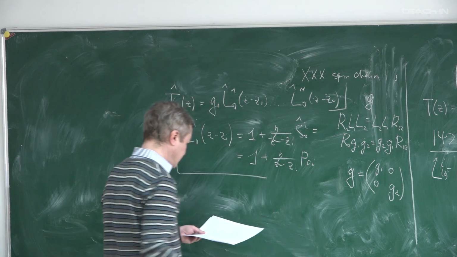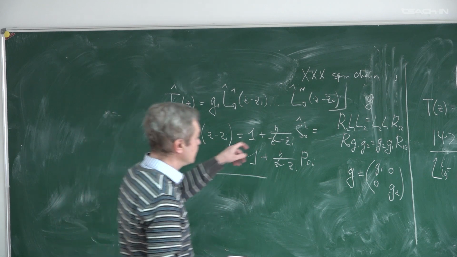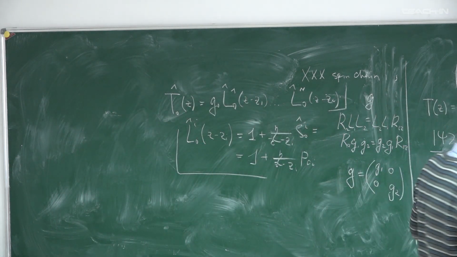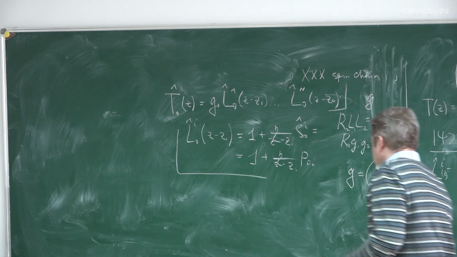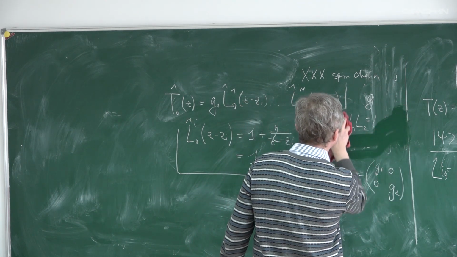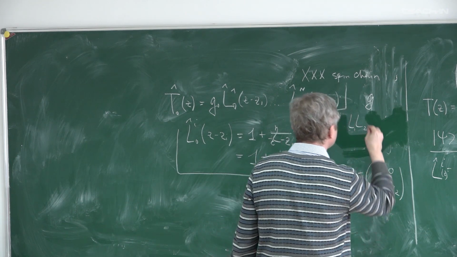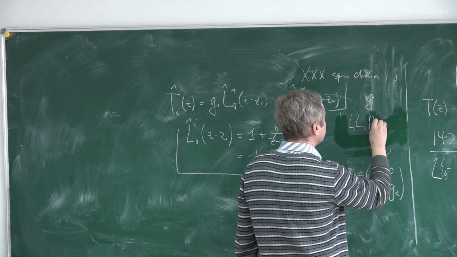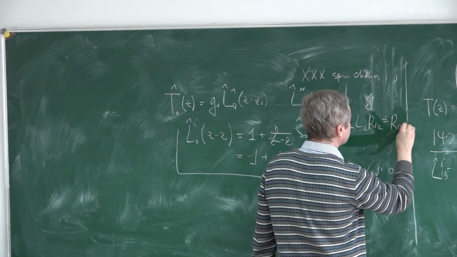This was our definition of the Lax matrix, which satisfies these RTT relations. But maybe it's better to write it in a different way. This R matrix can be written from another side. In the unitary case, it is the same, but let us write it like this.